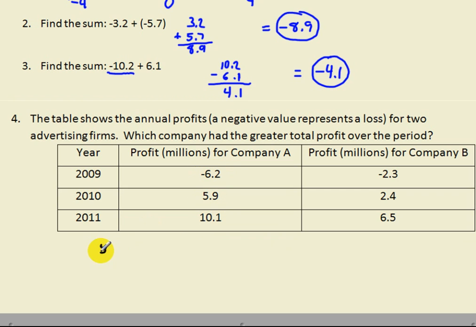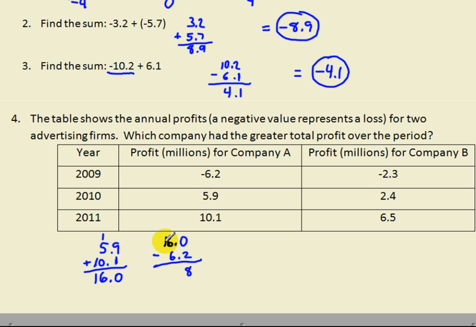So if we take 5.9 and add it to 10.1, we get, that's a 0, and we'll end up with 16.0. So now we take negative 6.2 plus 16.0. So another way we can do that is take 16.0 and subtract 6.2.